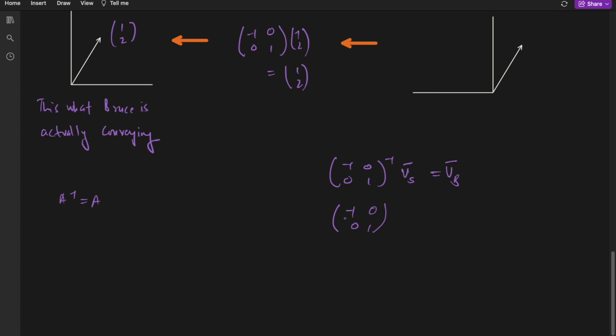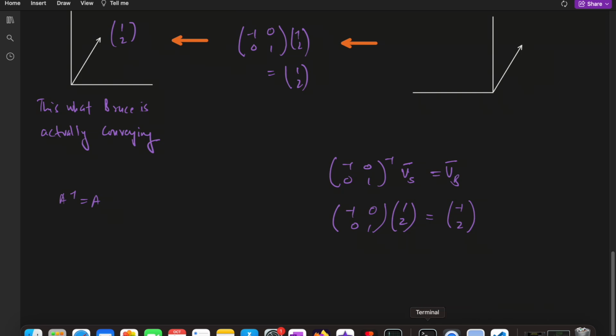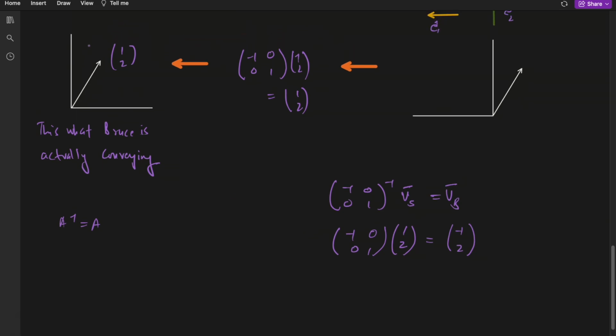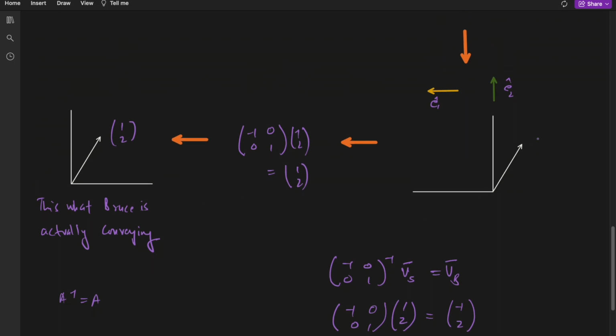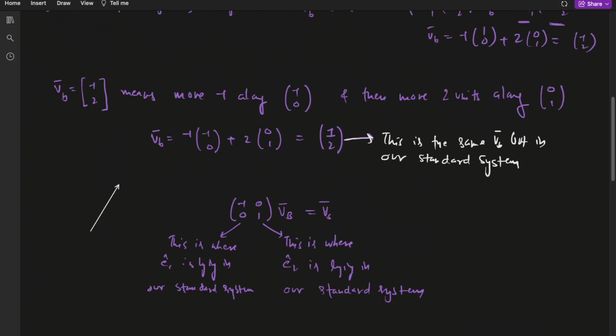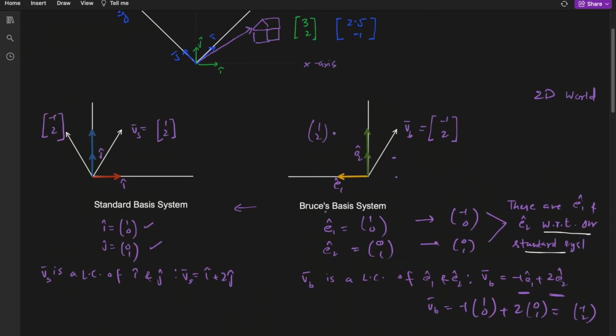We take this vector 1 comma 2 and transform it. If we do this matrix vector product, we will get -1 comma 2. So we transformed this vector 1 comma 2 and got this vector -1 comma 2. Indeed, this is true.